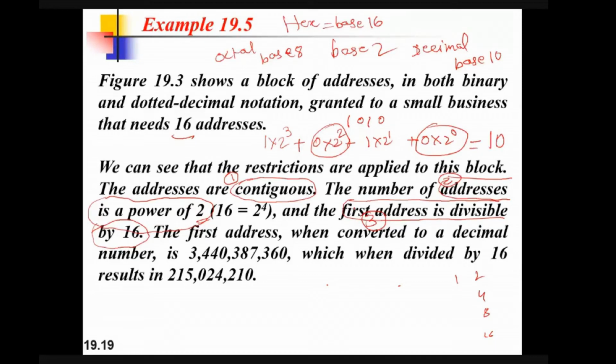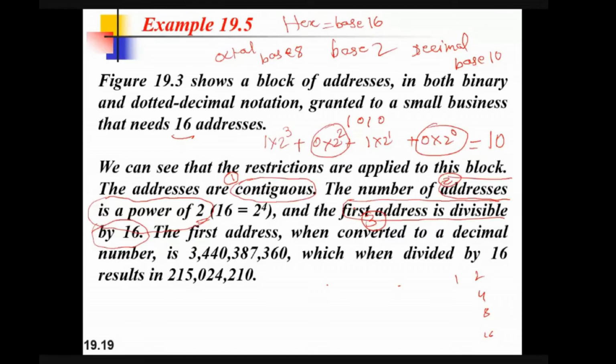So this is what classless addressing is about. Why is it used? Classful addressing gives the number of hosts in class C as 2 raised to 8, which is 256. In class B, 2 raised to 16 is 65K. In class A, 2 raised to 24 is 16 million, which is not an efficient way.